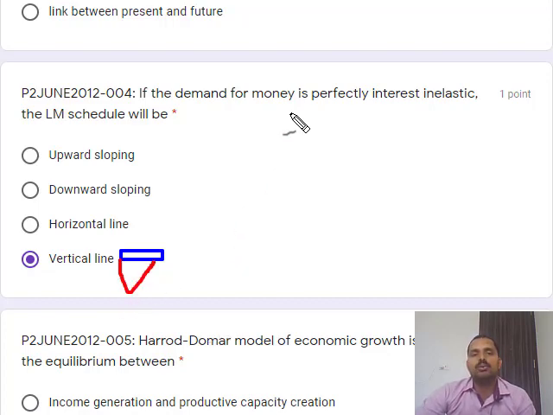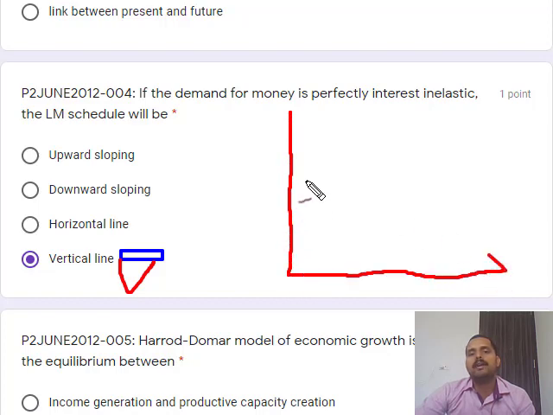Suppose this is a two-dimensional graph, and here is the interest and here is the income. So perfectly interest inelastic means demand for money will not be affected by interest.